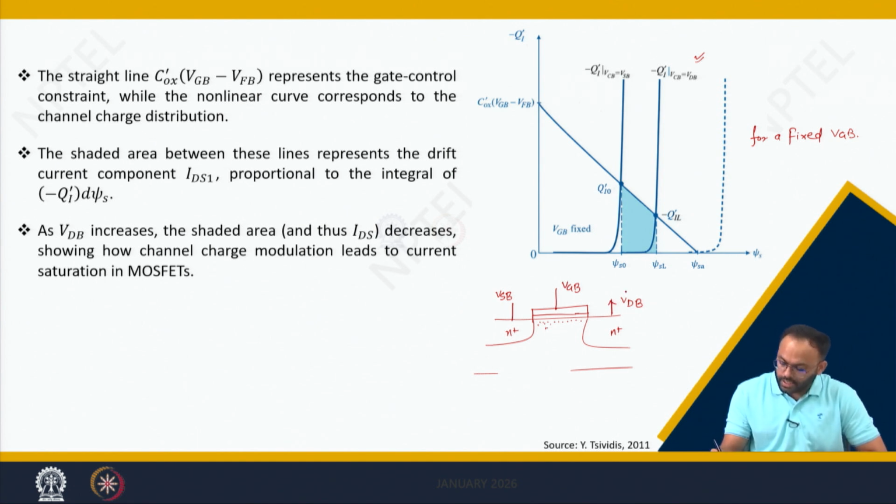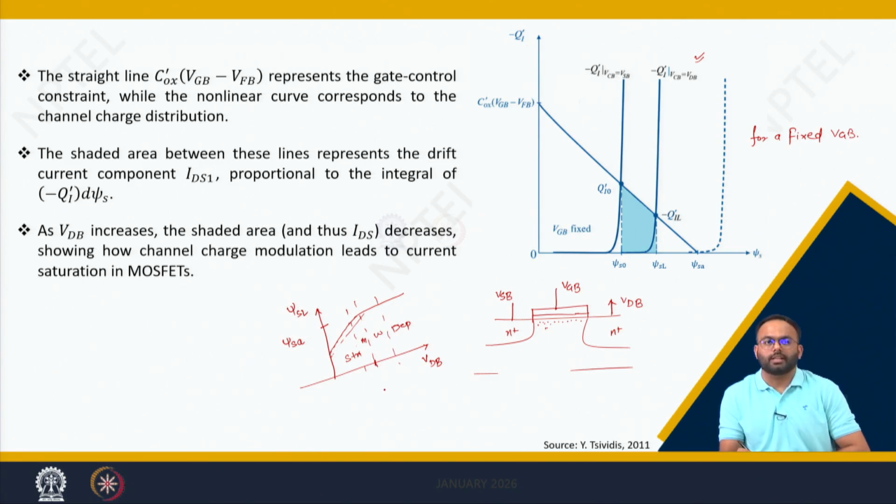If VDB is increasing, ultimately the increase in VDB increases your surface potential. So if I plot VDB versus psi SL, the surface potential increases, and after a certain point it gets pinned to a value of psi SA. So this region of operation is strong inversion, and this transition is moderate, weak and depletion region. We have seen this graph earlier.